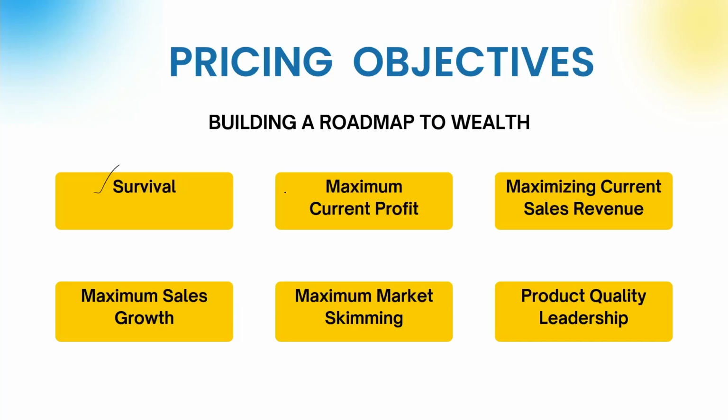Second objective is maximizing the current profit. Maximizing the current profit represents an intention where you try to earn the maximum possible profit in a short duration.